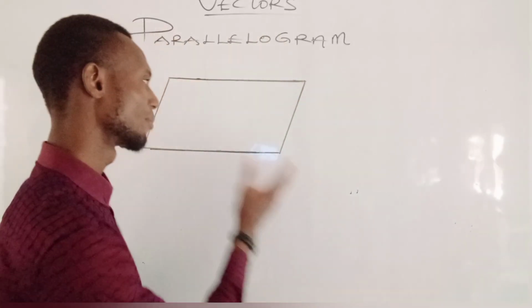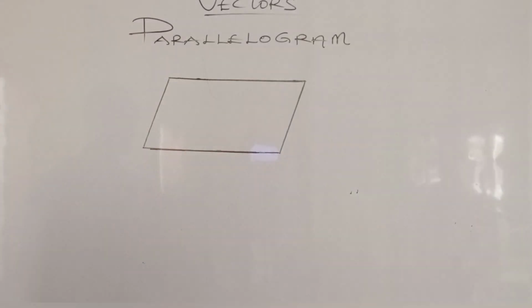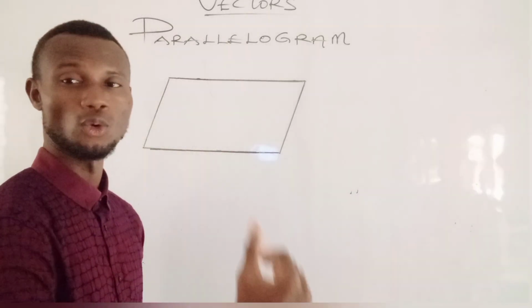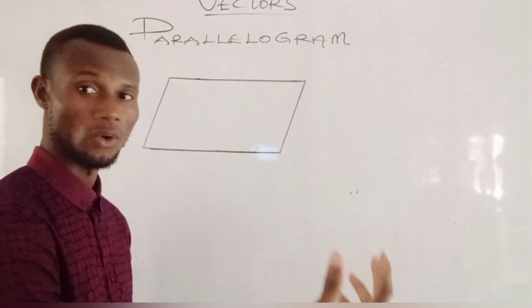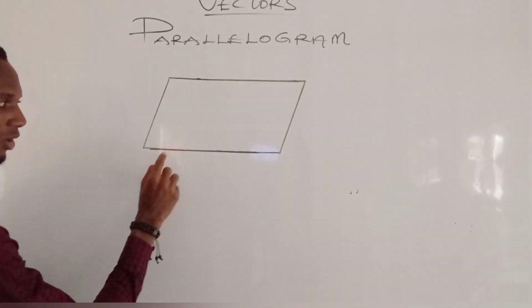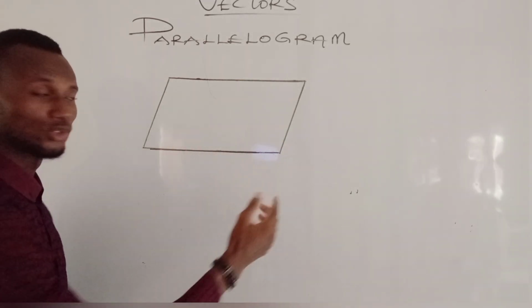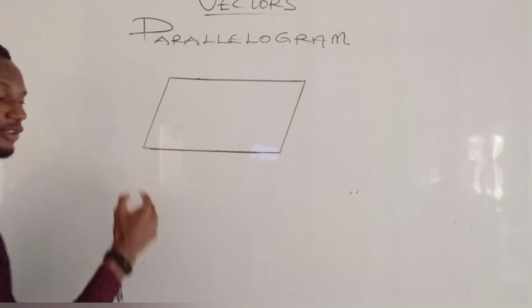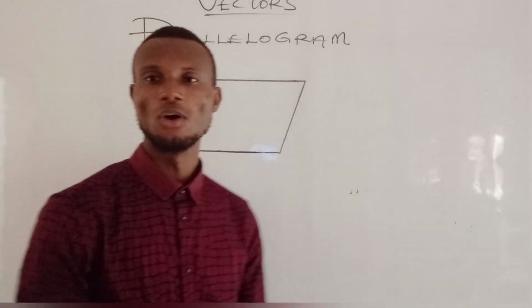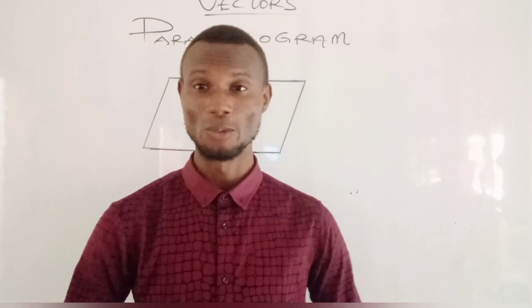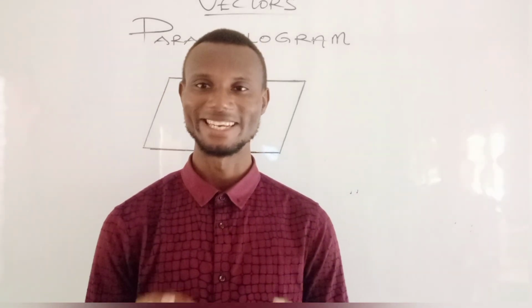So this is the diagram of a parallelogram, and as I said, it's a plane figure with two opposite sides equal, meaning that the length here is equal to the length here, and also the length here is equal to the length here. So two opposite sides of the parallelogram are equal. I hope you understand up to this point.